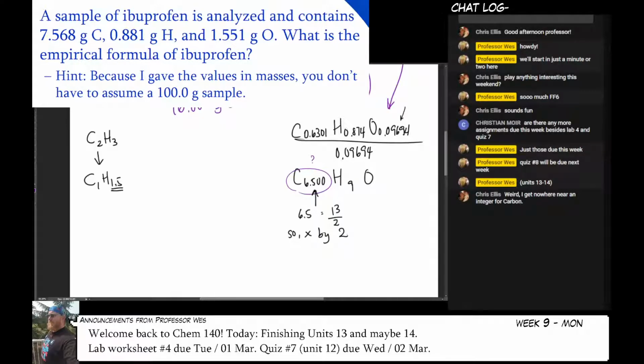So we're going to multiply the whole thing by 2 to clear fractions. And the result that we get should be the empirical formula of ibuprofen.